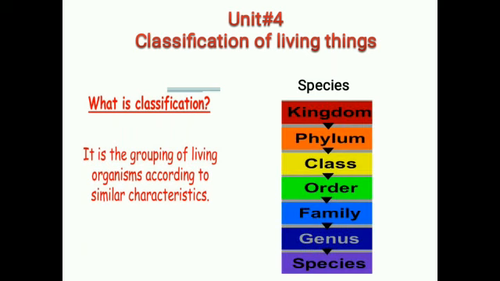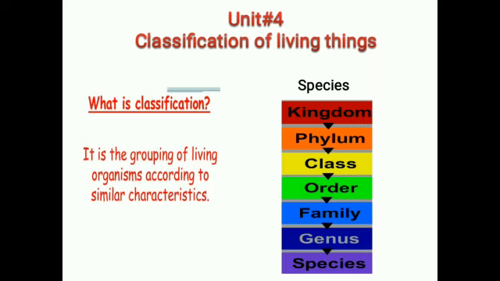These are the levels of classification: species are grouped together into genus, genus into family, family into order, order into class, class into phylum, and phylum into kingdom.